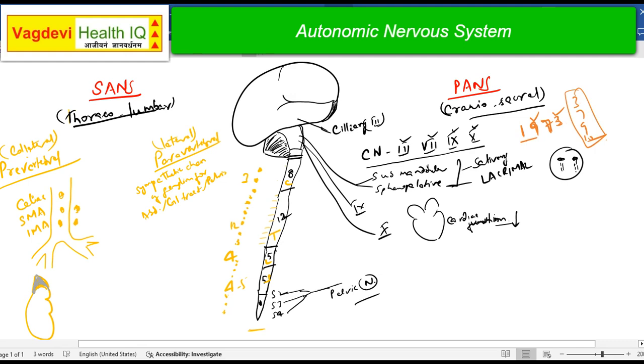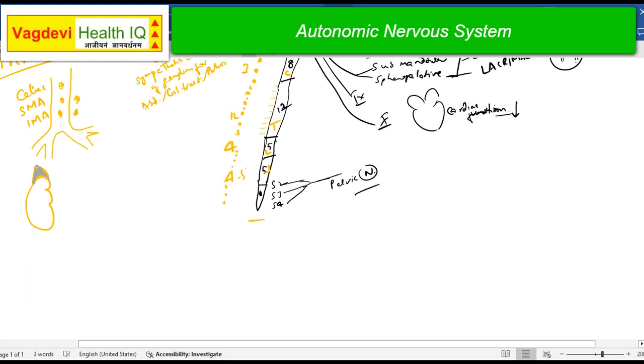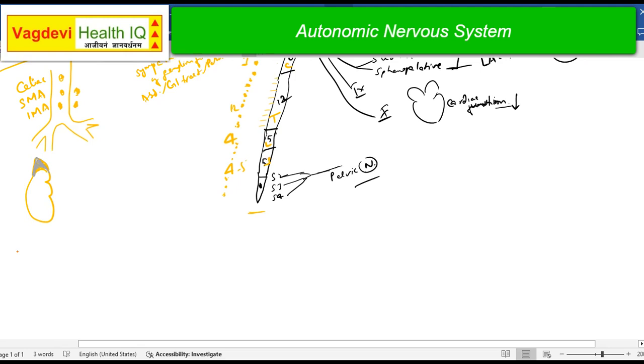Getting into a little more detail, what all things it does. We will be talking about sympathetic this side and parasympathetic this side. So what sympathetic does: it dilates the pupil.